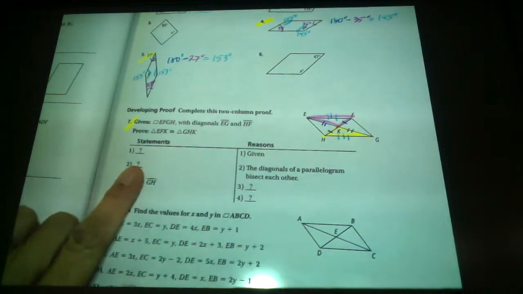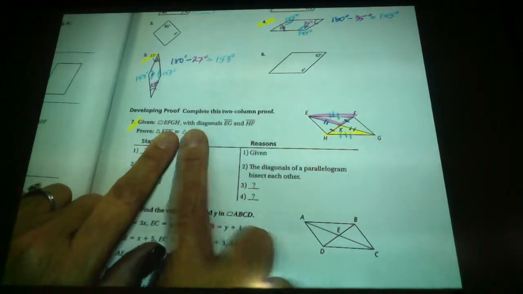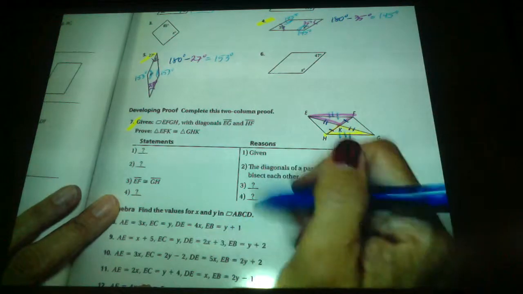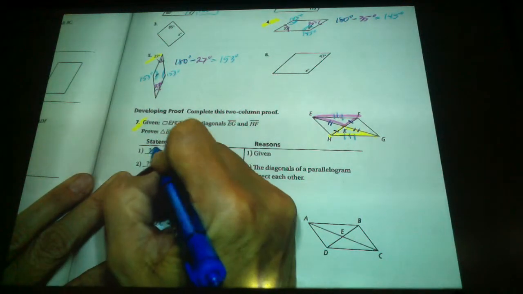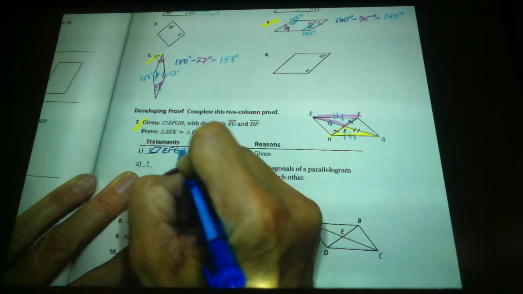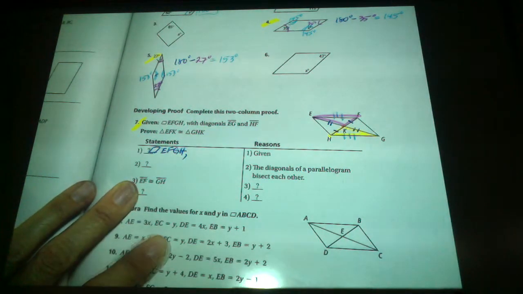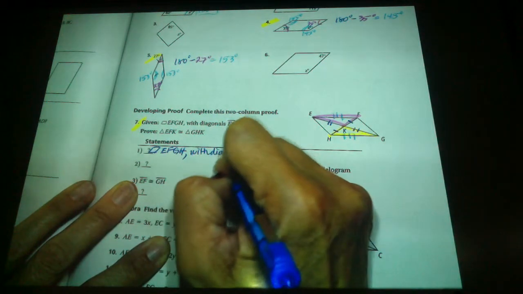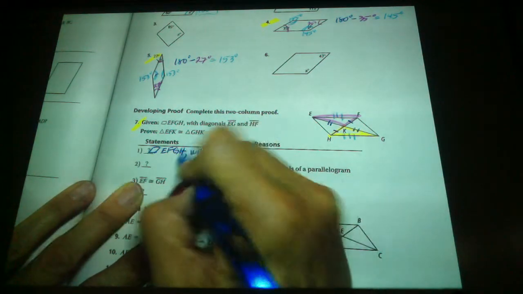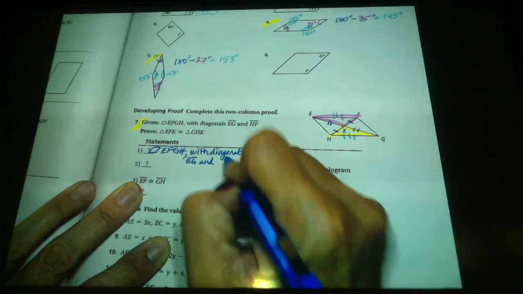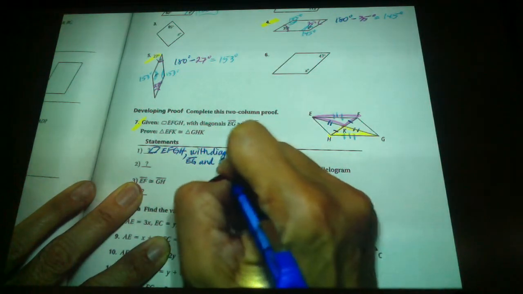So your given should be here, and the entire part of the given needs to go in there. They don't have the given split up. So parallelogram EFGH, that's part of it, along with diagonals, segment EG and segment HF.